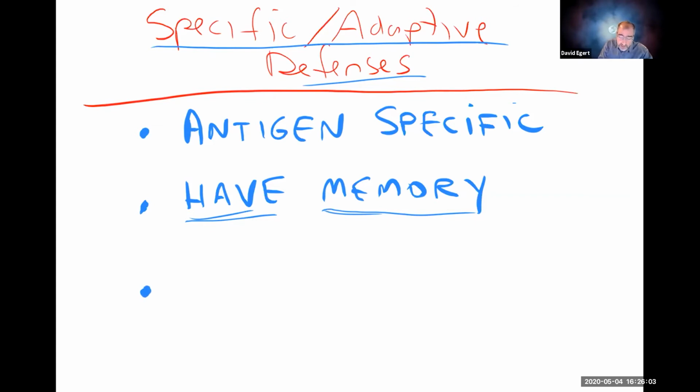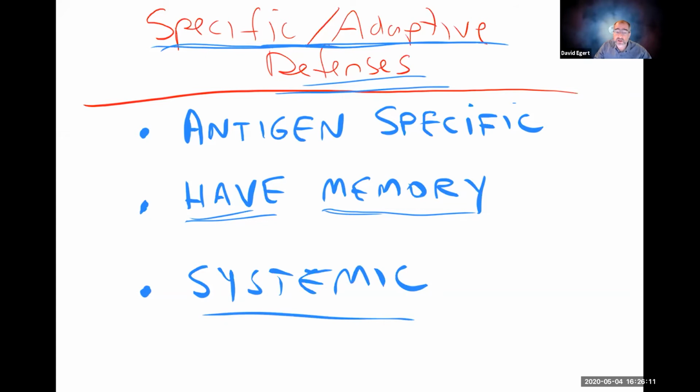The last thing I'll say that's common is they're all systemic, meaning it doesn't matter where you encountered the pathogen, it's going to have this whole system activated all over your body. You might have first seen this pathogen in your toe, but then it shows up in your nose, and you're going to have B cells and T cells and antibodies that will take it out there.